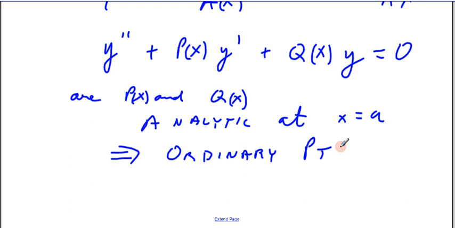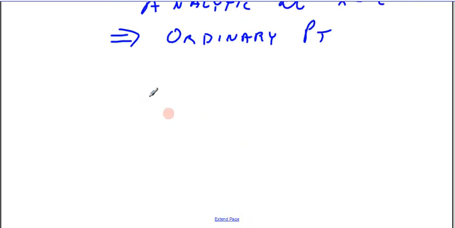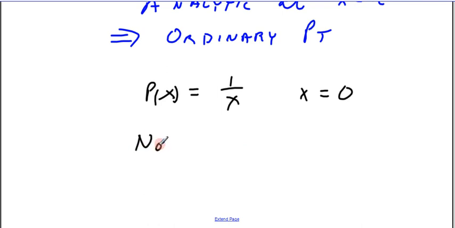But what if they're not? What if something happens and p(x) ends up being 1 over x, and x happens to be 0, and now it's not analytic? If that's the case, then x = 0 is not an ordinary point.